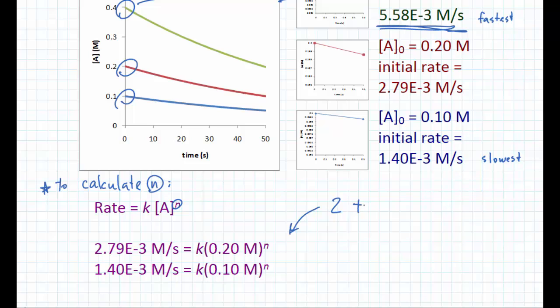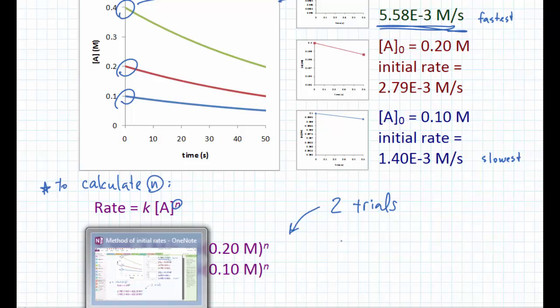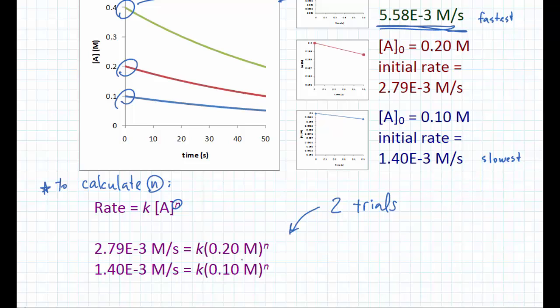These are just 2 trials. We just happen to pick the 2.79 and the 1.40. And what we can do is divide these 2 trials.